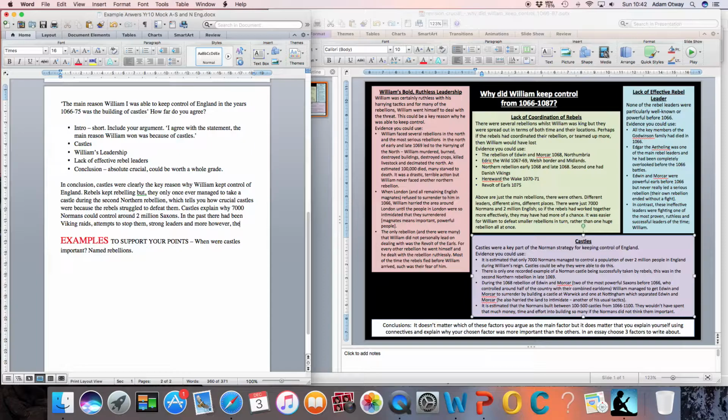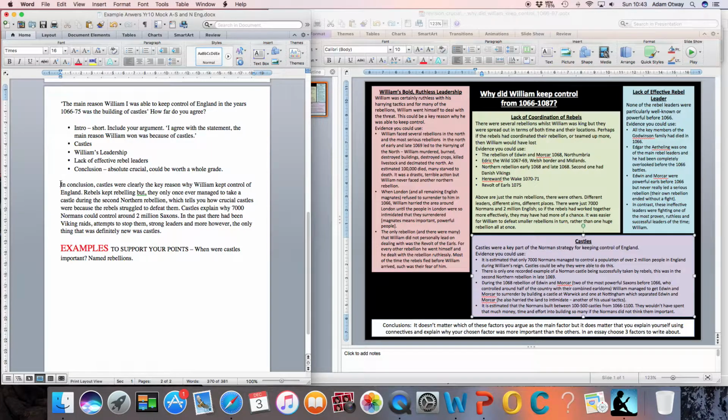However, the only thing that was definitely new was castles. So there's a bit of my own knowledge in there. I've told you this before. Vikings had tried to invade in the past, had failed in the rebellions. We know that Vikings joined in sometimes, but they always ran away again. What was the new thing? It was castles. So there we go.